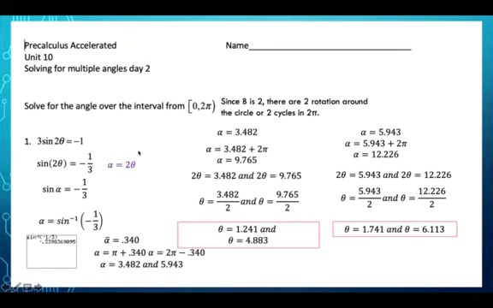Notice that you should always be checking to make sure that your angles fall into the interval from 0 to 2 pi. And since 2 pi is approximately 6.28, all 4 of these solutions will work. It's just important that you are always making sure that your answers make sense.